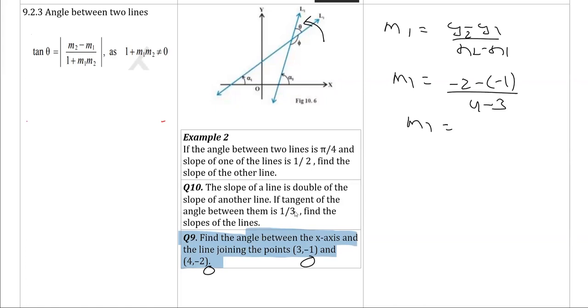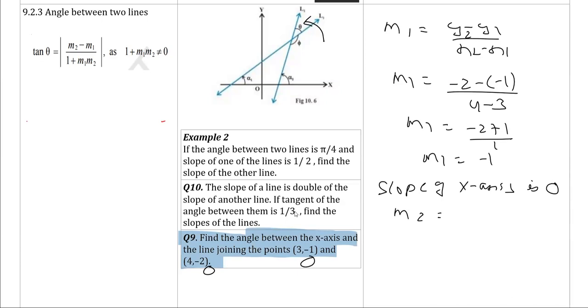So we get m1 as minus 2 plus 1 over 1. So m1 is equal to minus 1. Now we know that the slope of the x-axis is 0, right? Therefore, we can say that here m2 is 0.